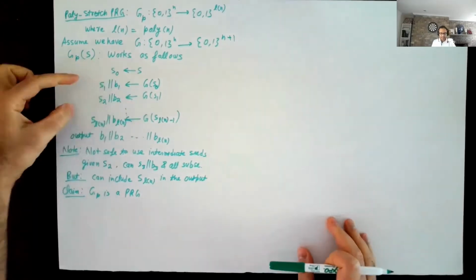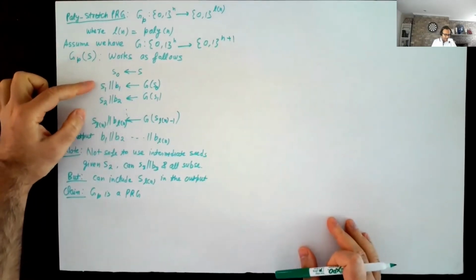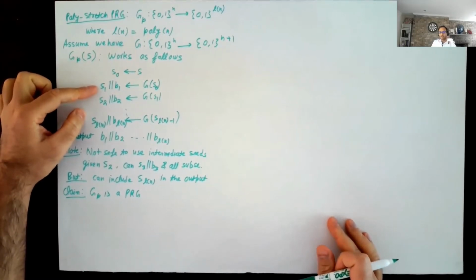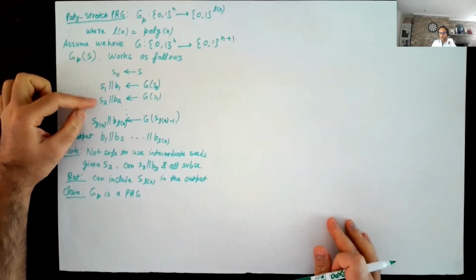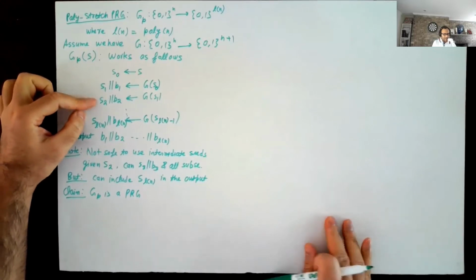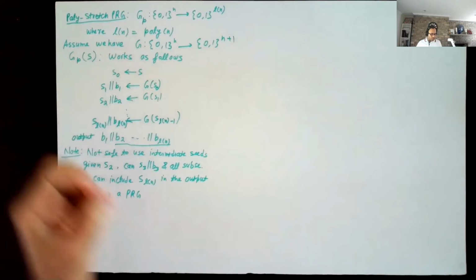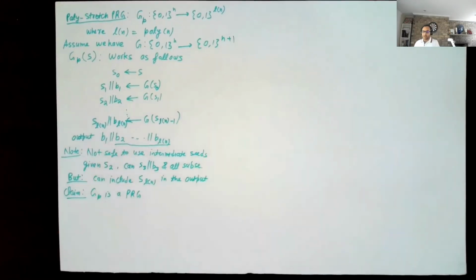So we are generating these intermediate seeds, right? Let's say I include an intermediate seed, say S2, in the output, but I still continue including all these subsequent bits. But given S2, these bits are not random anymore, right? Because given S2, I can compute S3, B3, I can compute S4, B4, and essentially everything after that.